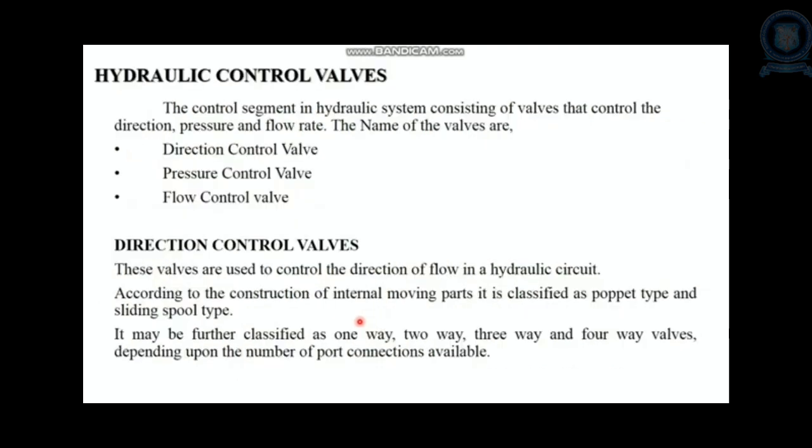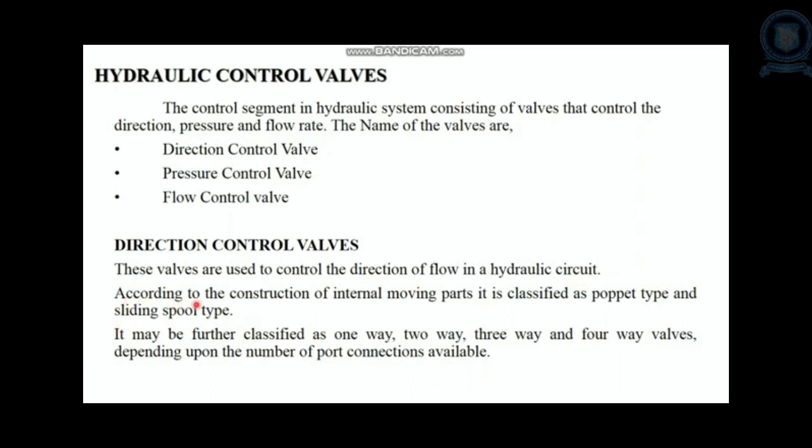Next, hydraulic control valves. Hydraulic control valves are very important components in a hydraulic system. There are three main types of control valves: direction control valve, pressure control valve, and flow control valve. Briefly we can see about these control valves. Direction control valves are used to control the direction of flow in a hydraulic circuit.